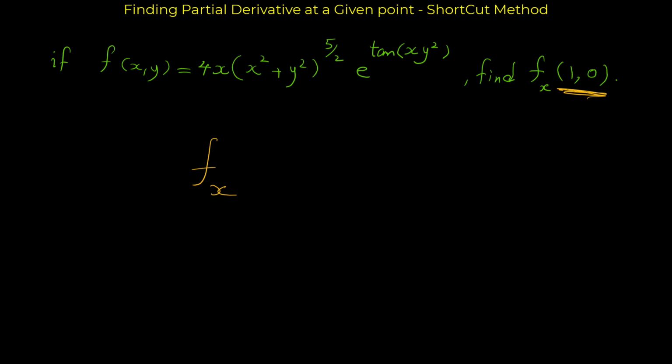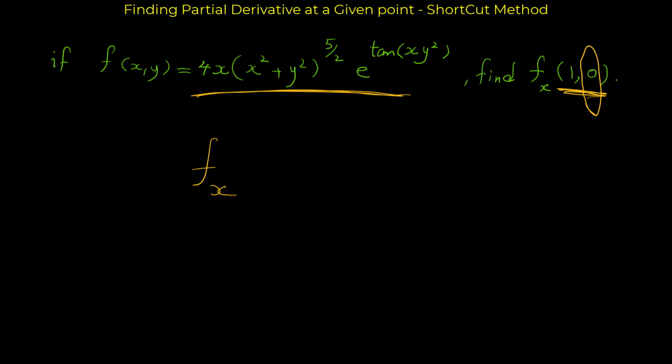Attention, you want to take the derivative with respect to x, and x is the variable. What about y? y is a constant. You know that when you take a derivative with respect to a variable, the other variables are constant at that moment. So at the end, we want to plug in 0 for y, and y is a constant.